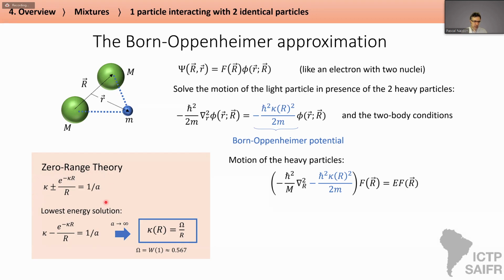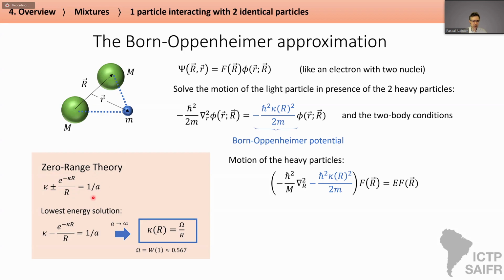This is something that you can easily derive by using the techniques we discussed before, and I leave it to you as an exercise. I think it's a good way to check if you understand how this zero-range theory works.